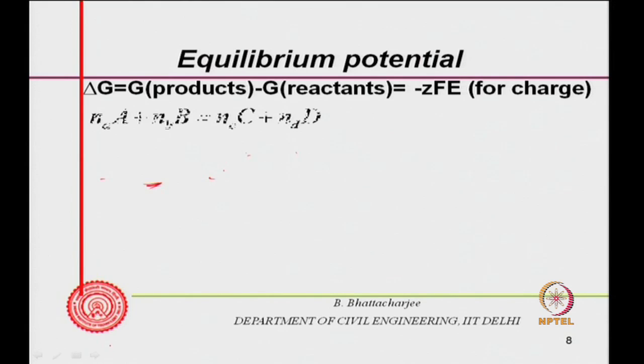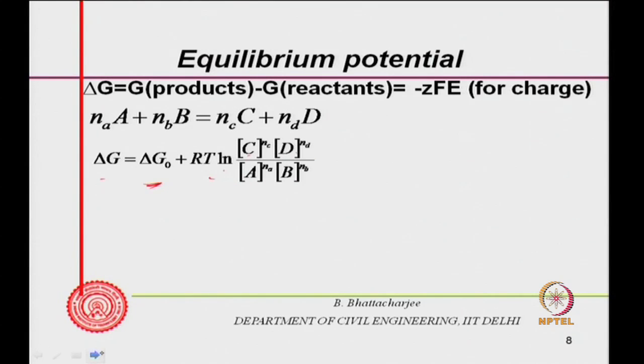So, I can write for delta G minus delta G0, and the rest, since I have replaced the activity by concentration, like this. Now, this was actually free energy, and this can be written using Faraday's law for charge transfer, where charge is involved.